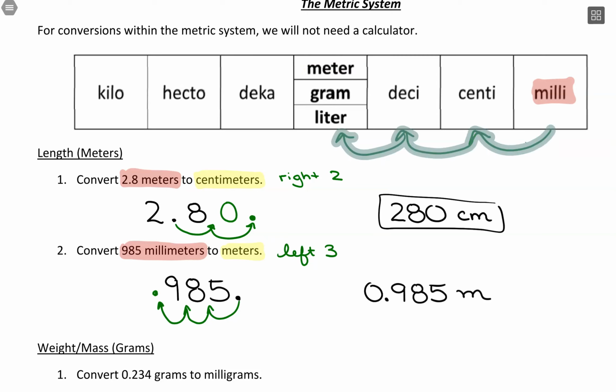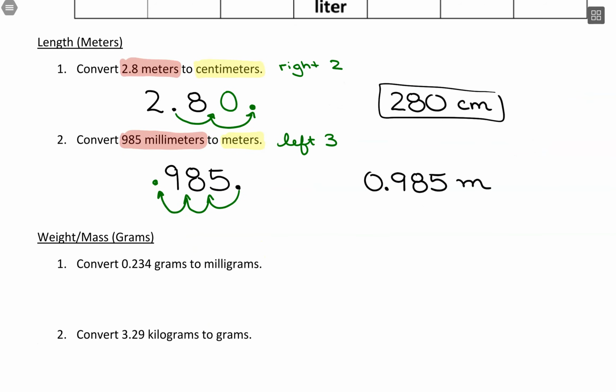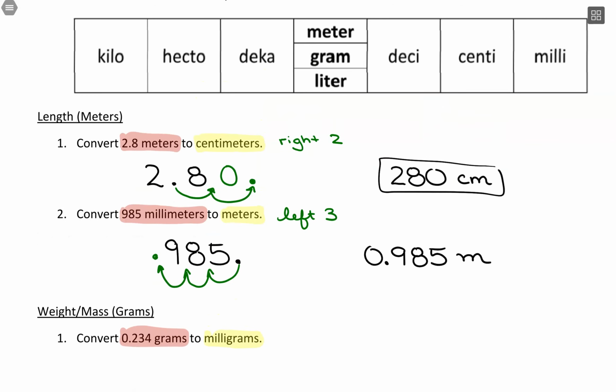Then it's exactly the same for other forms of measurement, like if we're working with grams. So I have 0.234 grams, and I want to convert to milligrams. So I'm starting at grams, ending up at milligrams. So I'm going to go 1, 2, 3.